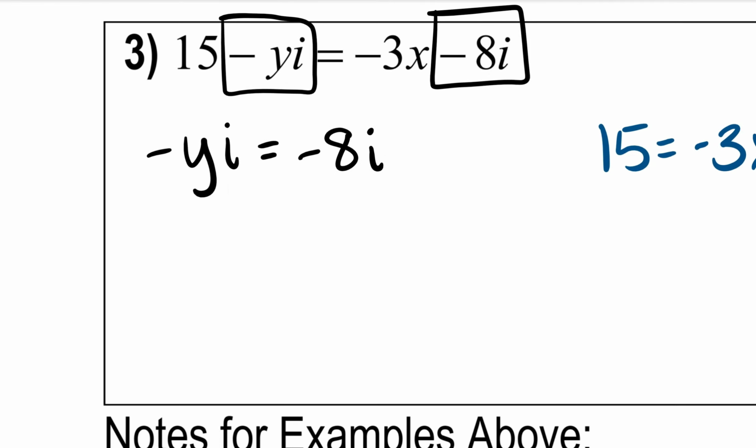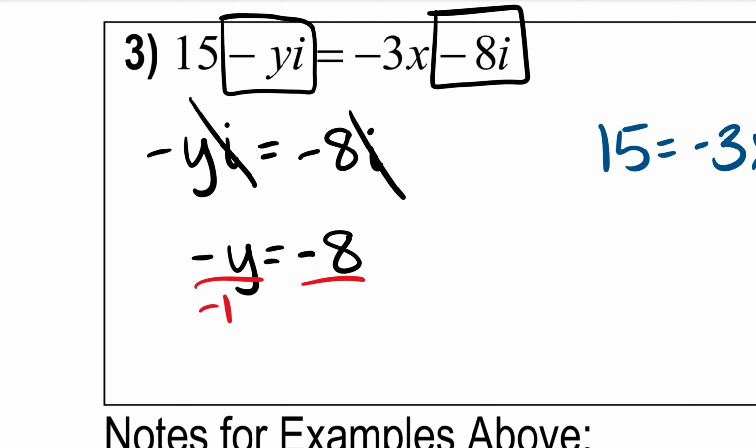So in the first one, for negative yi equals negative 8i, because I have i on both sides, if you divide by i on either one, you can just get rid of them. Doesn't matter which way it goes. So I'm left with negative y equals negative 8. Now anytime you have a negative y, I want it positive, so you divide by negative 1 on both sides.